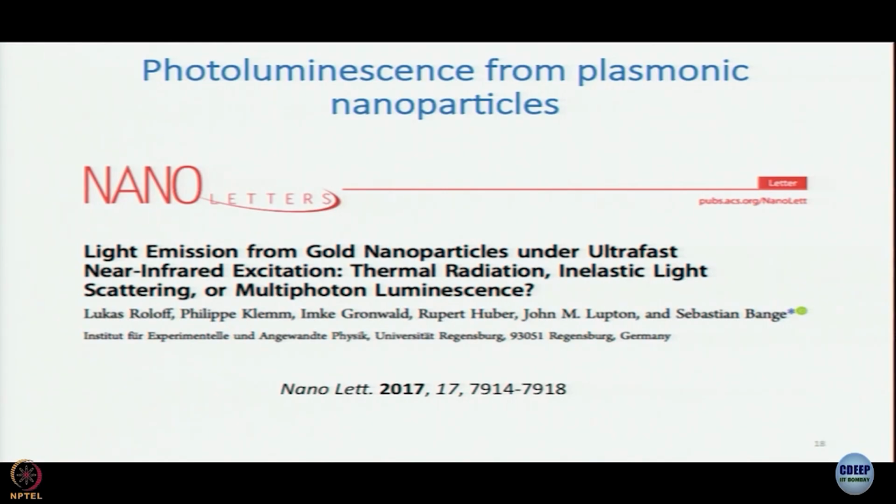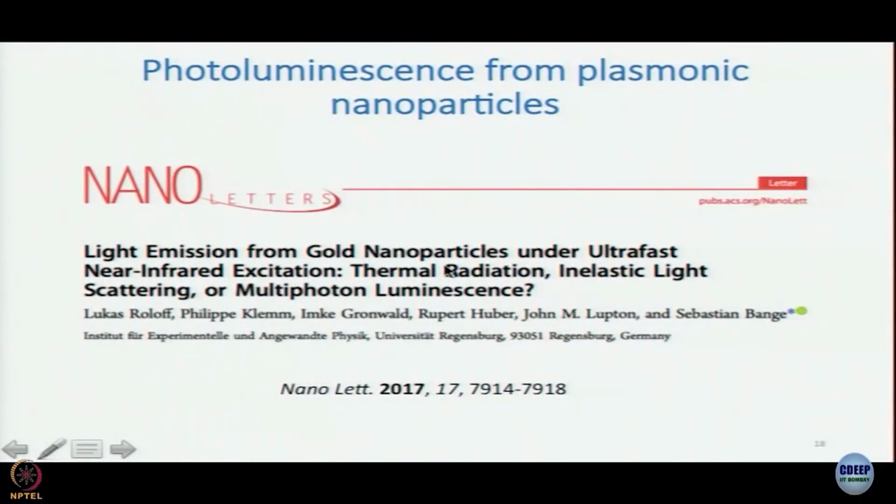And this first came up because gold nanoparticles are used commonly in SERS, because they enhance the signal. So, there it was reported that there is some extra light that comes in and messes up the signal. Where did that come from? That is when people understood that it is not only non-radiative relaxation, radiative relaxation is also there. And this is now being reported by many workers.